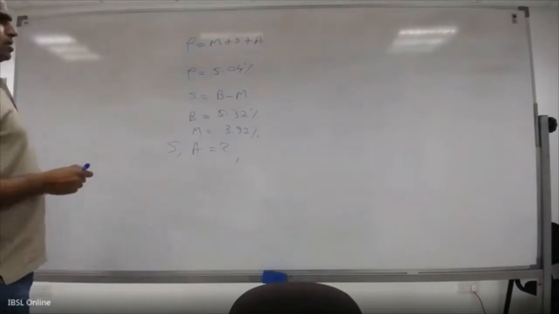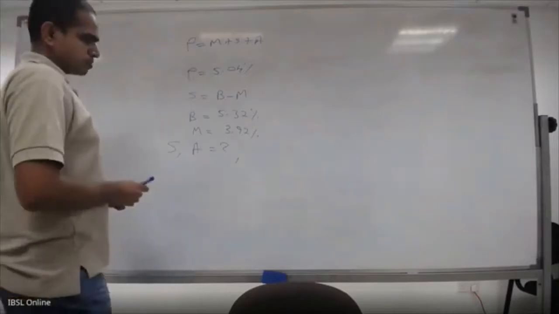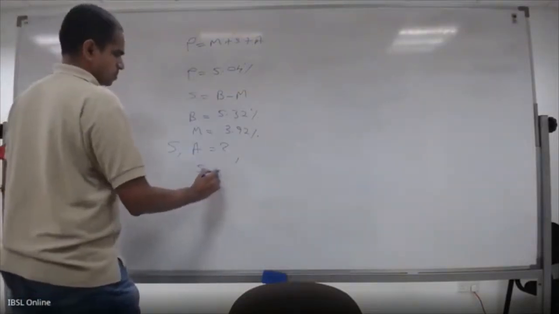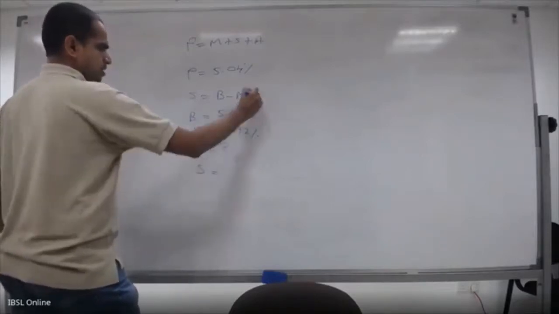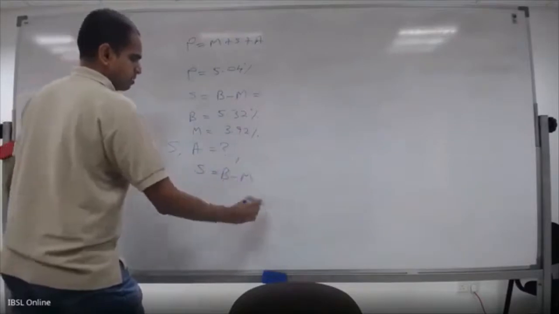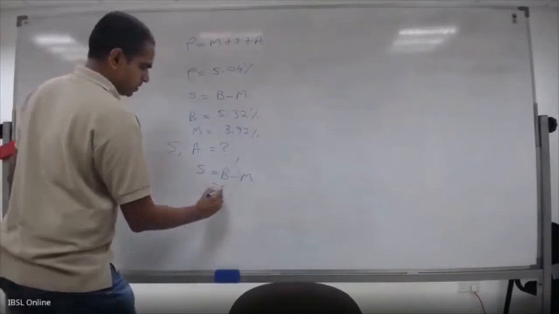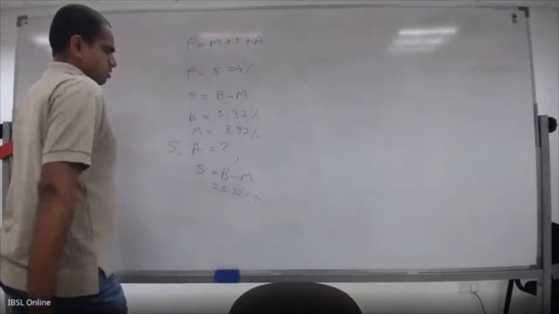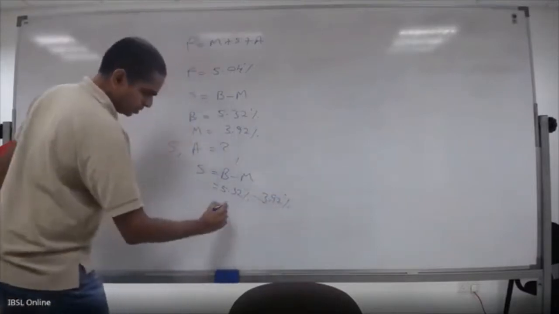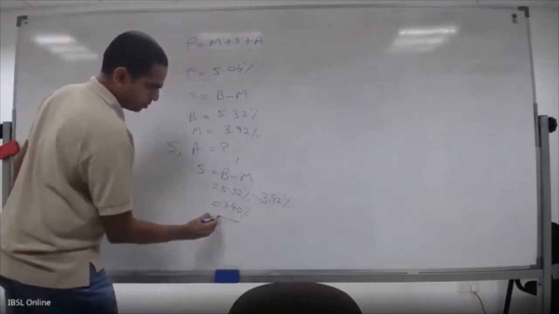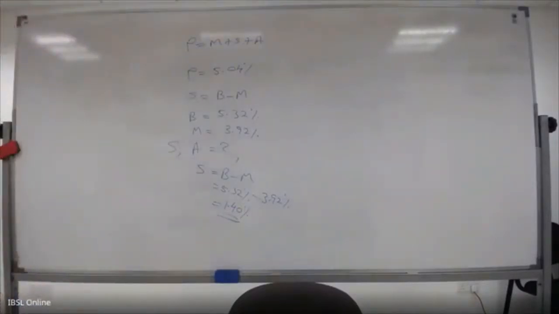P is equal to M plus S plus A. S is the benchmark minus the market, P minus M. Benchmark is 5.32% minus the market 3.92%, which gives you a style return of 1.4%. Due to his style, due to fund management style, is returning 1.4% above the benchmark.